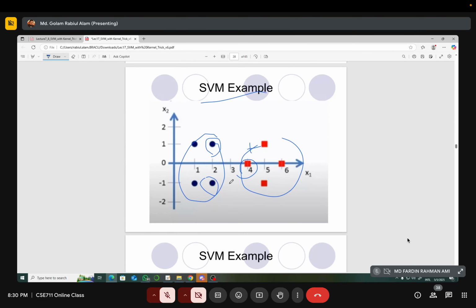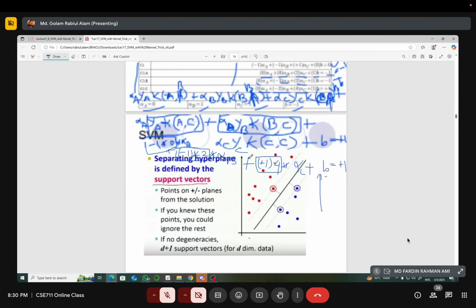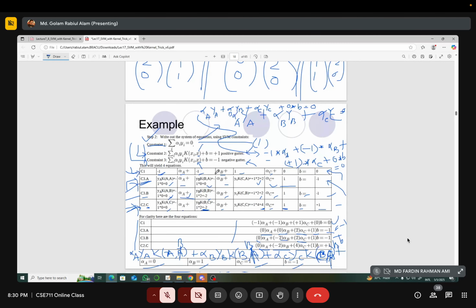those support vectors, and also utilizing the equations we have already derived, you can easily find out the hyperplane, and also you can classify any new data points, whether that one is in positive class or in negative class.